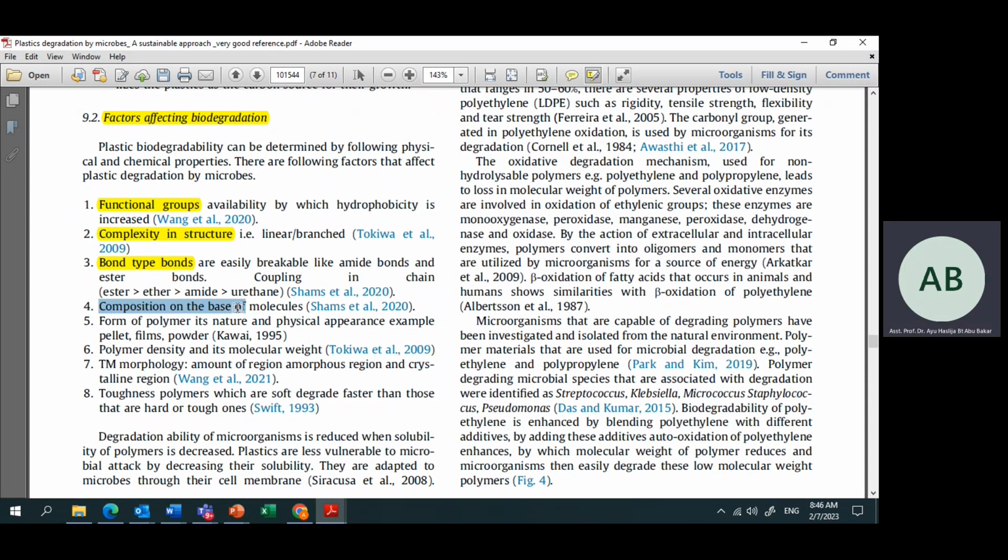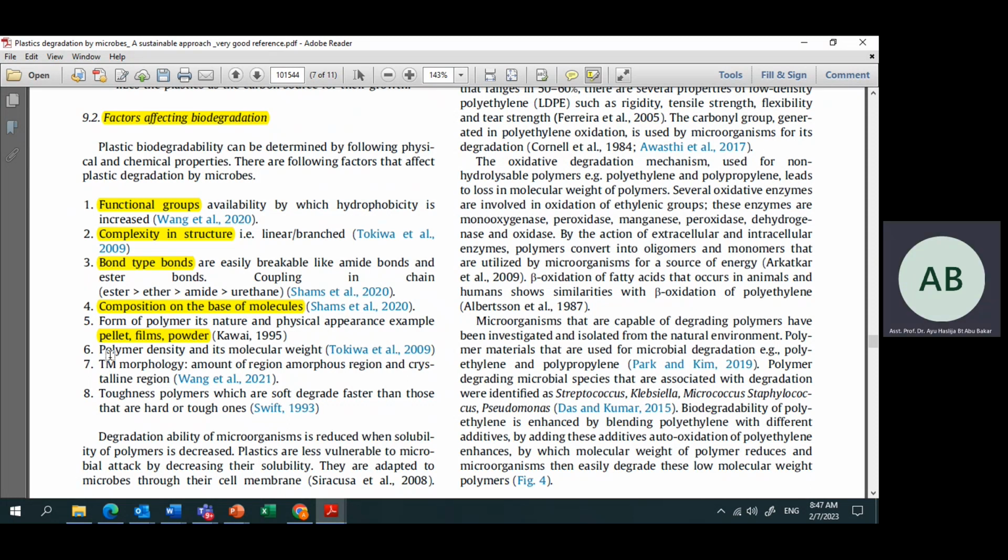Composition of the base molecules. The polymer's nature and physical appearance, whether it is in pellet, film, or powder. Films have a flat surface. Powder will have a larger surface area.